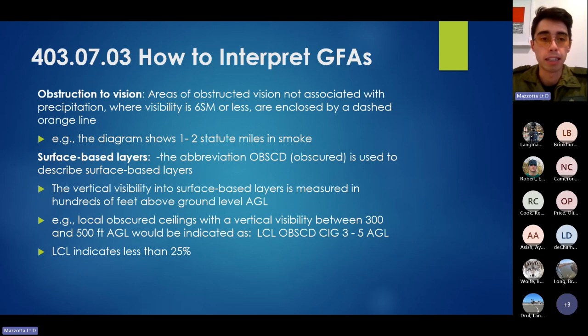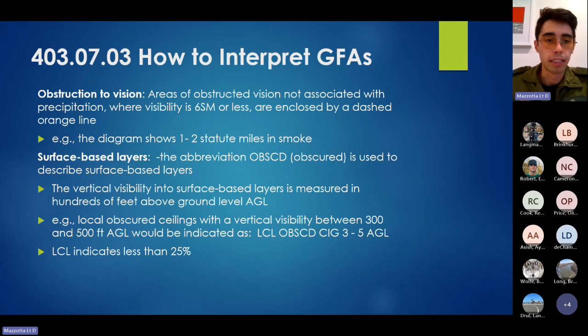Surface-based layers are going to have the obscured abbreviation there to describe those surface-based layers. And the vertical visibility into the surface-based layers is measured in hundreds of feet above ground level. So on the example here, what it would look like on a GFA, if the vertical visibility is between 3 and 500 feet AGL, it would be indicated as local obscured ceilings 3 to 500 AGL.